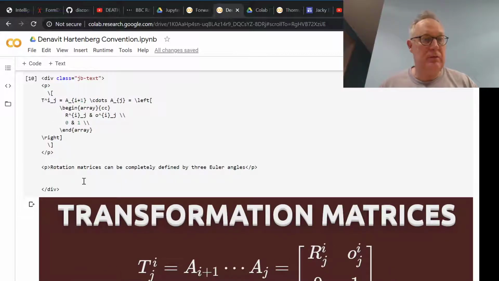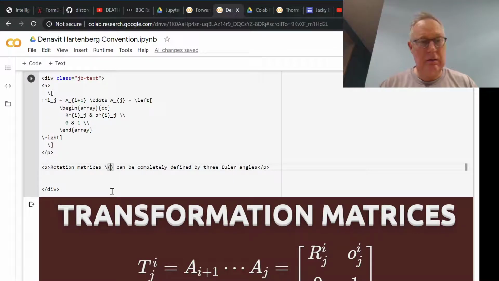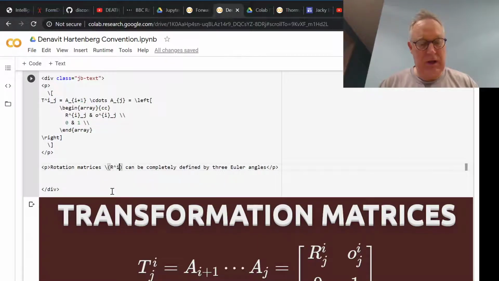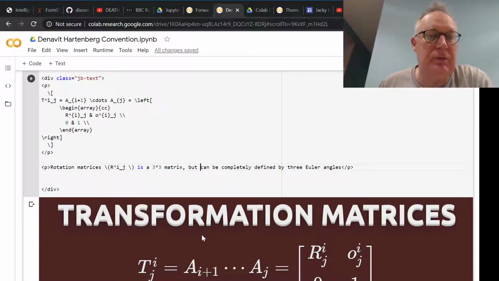Now the rotation matrix R from i to j is a 3x3 matrix, but because it's a rotation matrix, it only measures the rotation with respect to each axis.